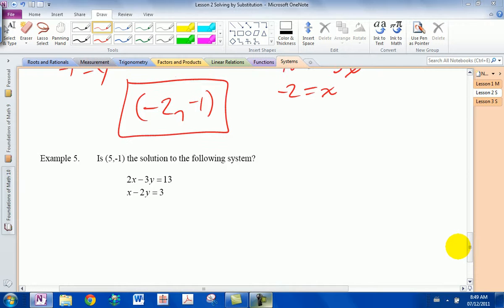Okay. Example number 5. Is it a solution? How are we going to check? Good. Substitute and solve. Do that for both equations.